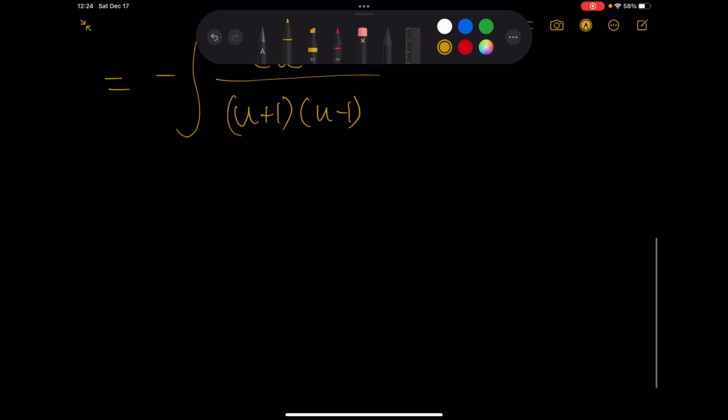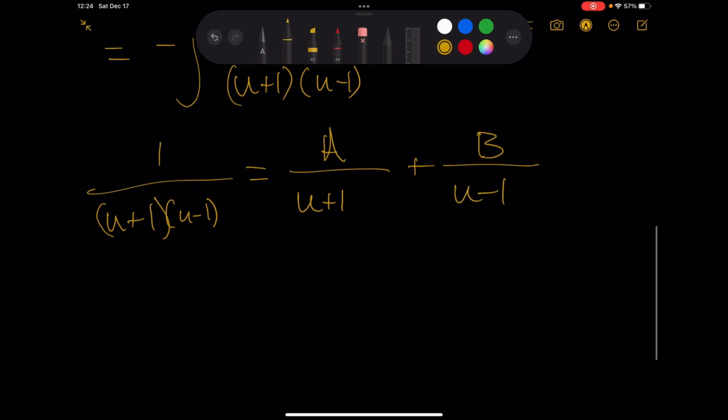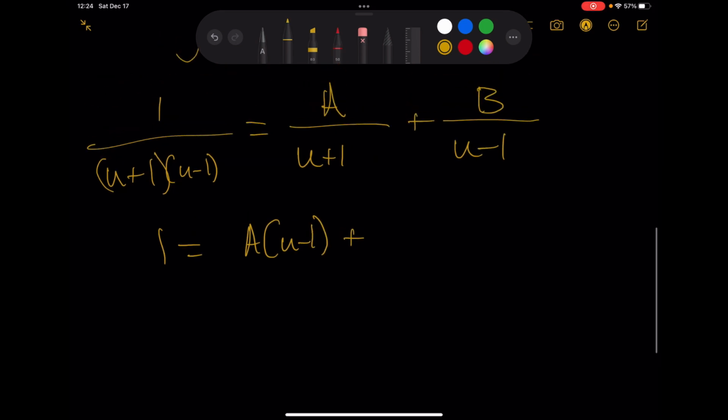So let me just write this out for you. 1 over u plus 1 times u minus 1 is equal to a, unknown, because we have to figure that out in a second, over u plus 1 plus b over u minus 1, which all ends up simplifying to 1 equals a times u minus 1 plus b times u plus 1.